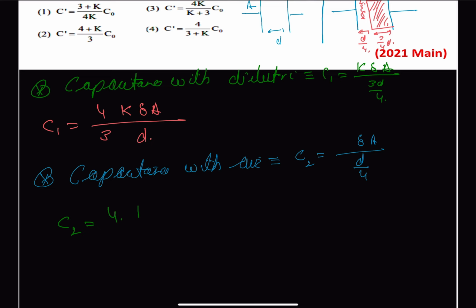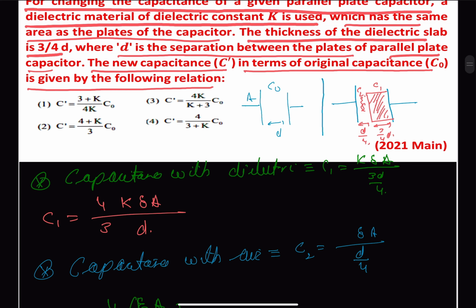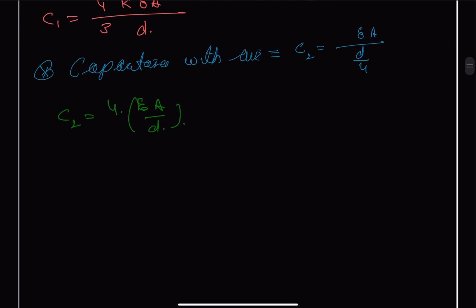Both of them are in series, and this new capacitance is given as C prime. Therefore, the equivalent capacitance will be 1 upon C prime equals 1 upon C1 plus 1 upon C2.